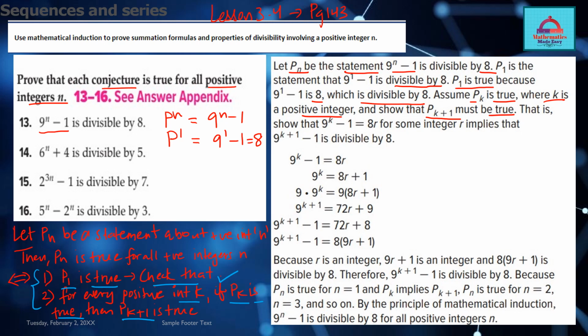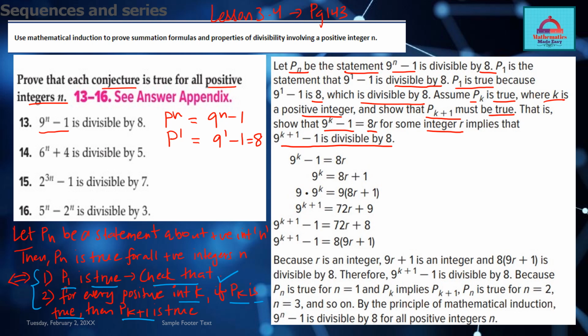Now if you are taking the assumption that Pk is true, then we can say 9 to the power k minus 1 is some multiple of 8 because it is divisible by 8, for some integer r. And now we have to check whether Pk plus 1 is divisible by 8 or not. If that is true, we will say by the principle of mathematical induction, we are done and we have reached the proof of the conjecture.